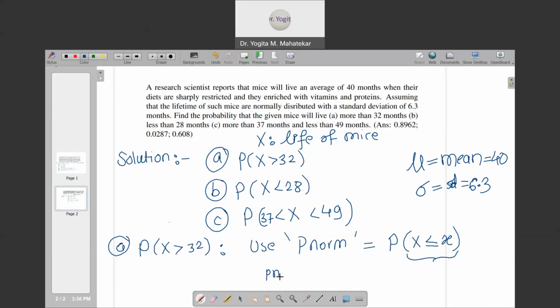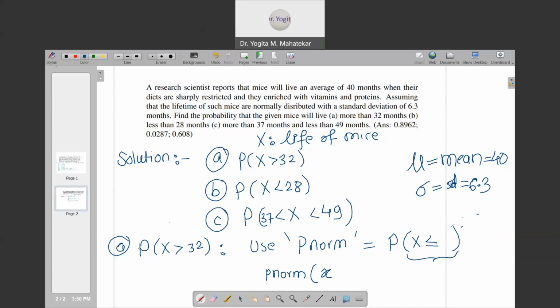So what is the syntax of this pnorm command? You first give the value x, or in the help window they call it q. Suppose I call this some constant, and you have to find the probability that capital X is less than or equal to q.